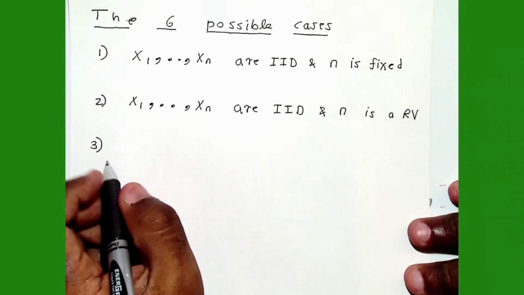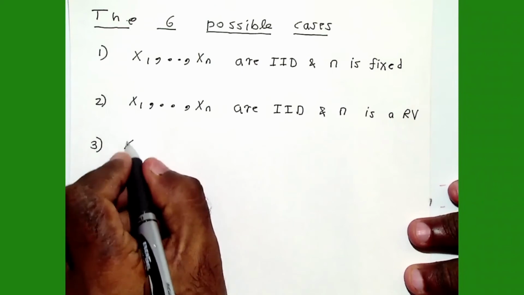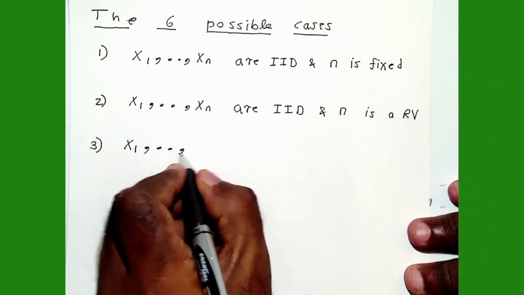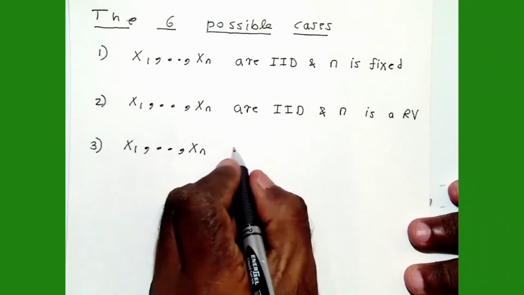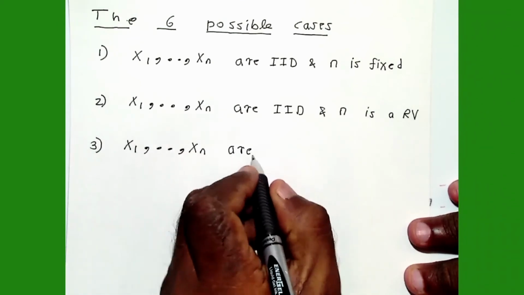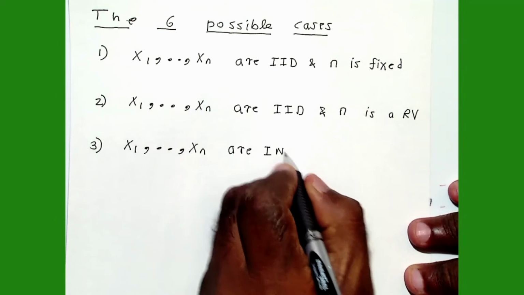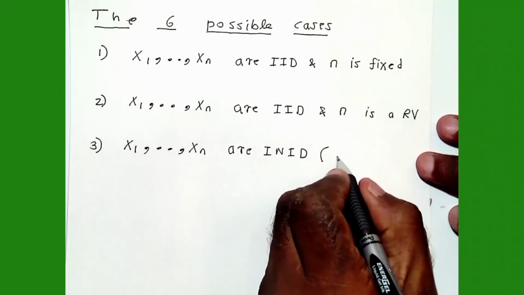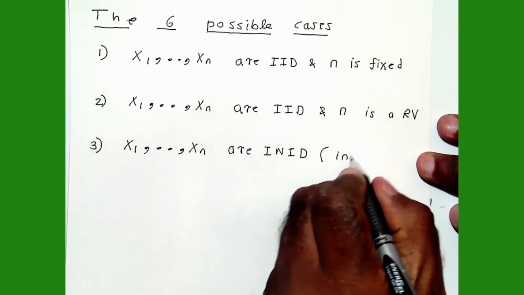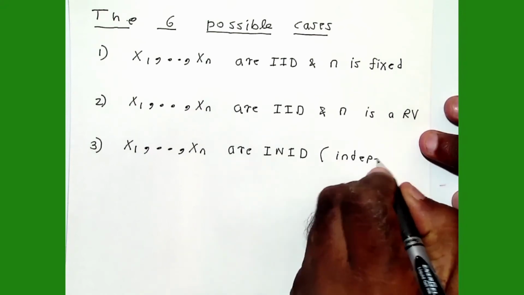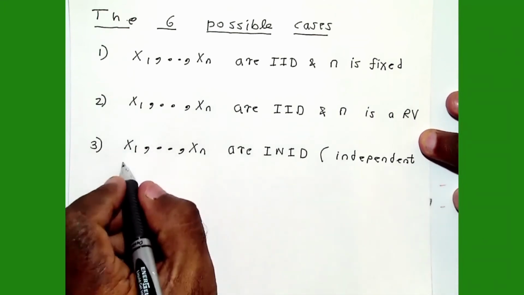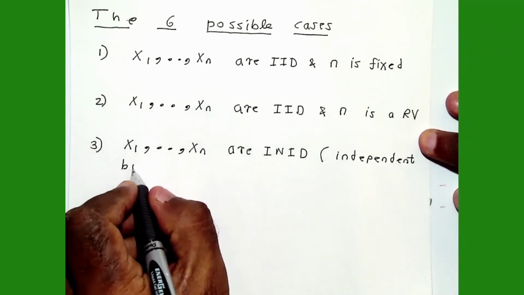Case number 3 is where X1 to Xn are INID, which means the following: independent but not identically distributed.